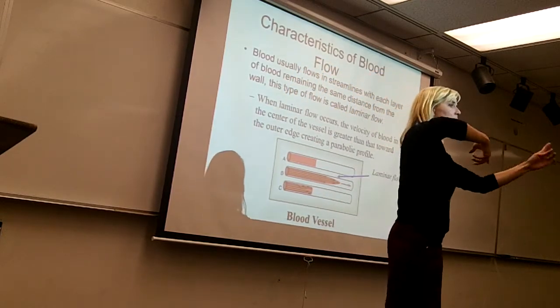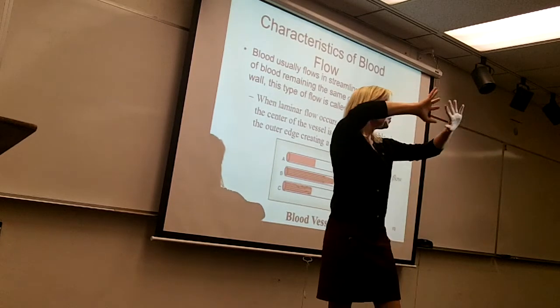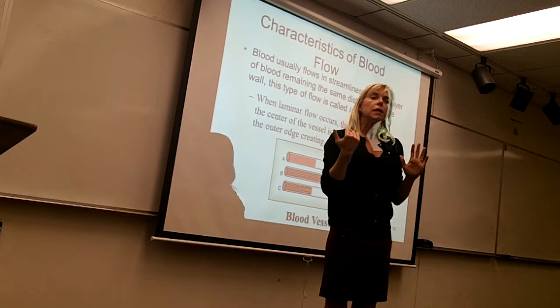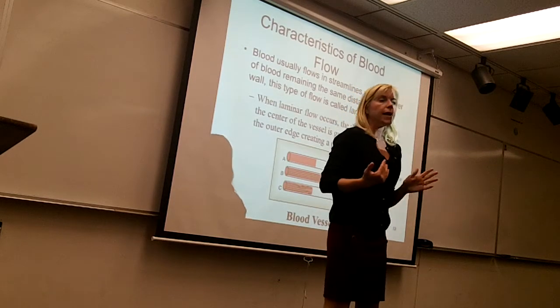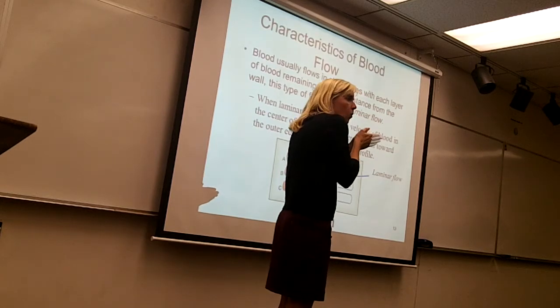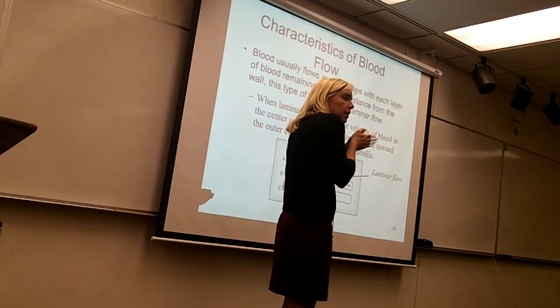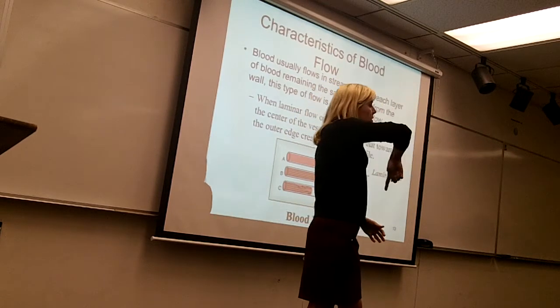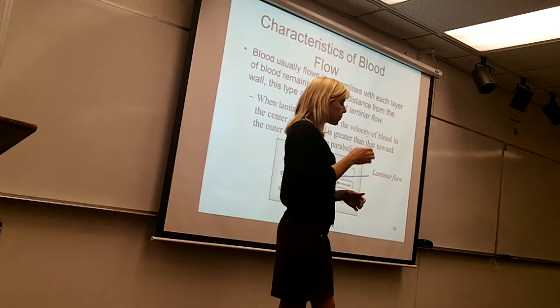They're tumbling along. The next layer of blood, more internal towards the lumen, will be experiencing less drag. Finally, the blood in the most center of the lumen will have the least amount of drag, and therefore the fastest rate of flow. So we will see this parabolic effect.